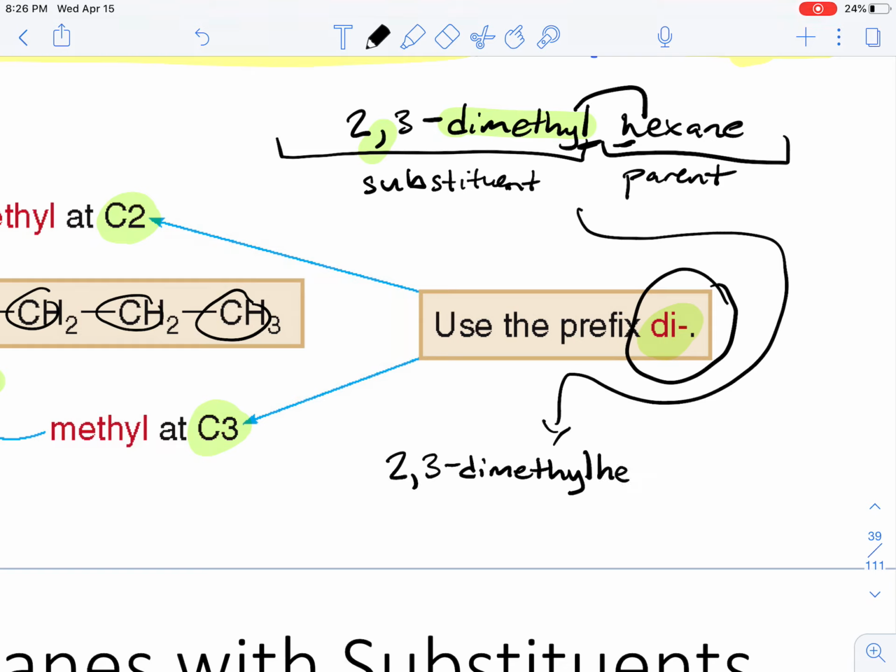And so it's going to be 2,3-dimethylhexane. Okay, so hopefully that made sense.